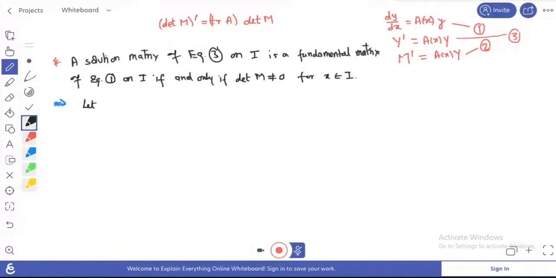So if the determinant is non-zero, then the columns of that matrix M are linearly independent. And if the columns are linearly independent and they are solutions, this means this is your fundamental matrix.